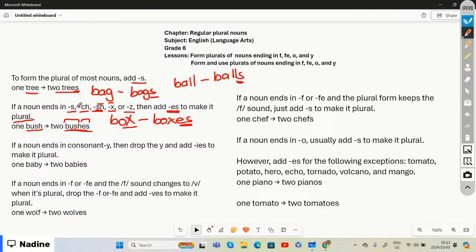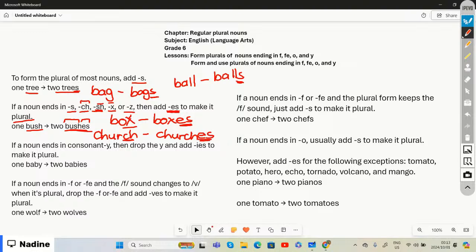If you look at a word that ends in ch, where we can maybe say one church, it ends in ch. If we want to show that there's more than one church, then we can say churches. And what did we add? Es.